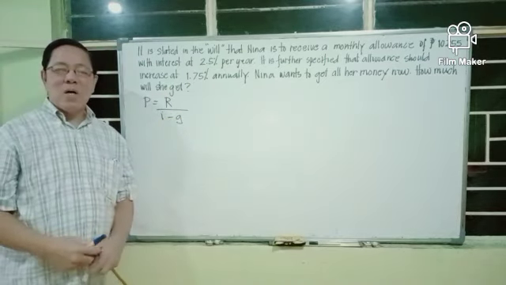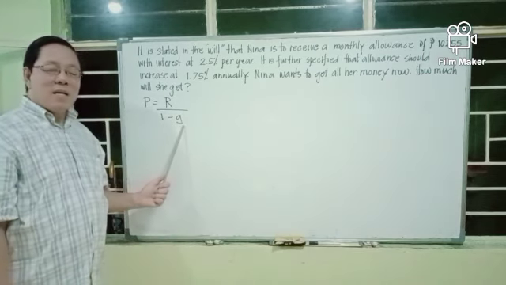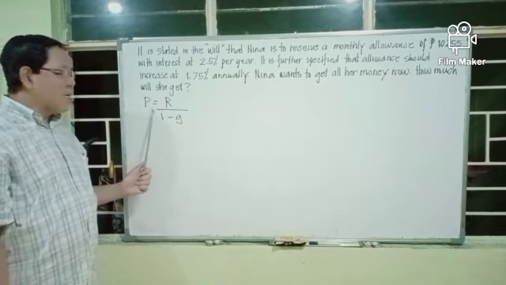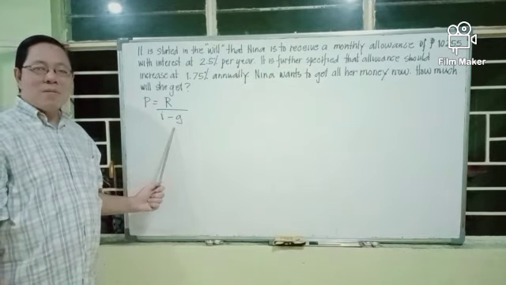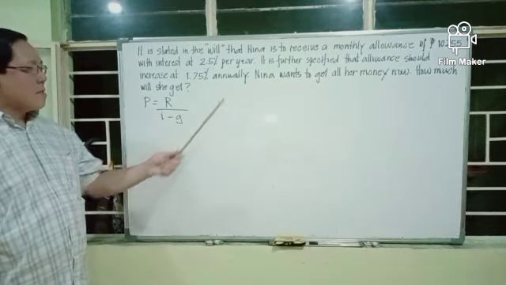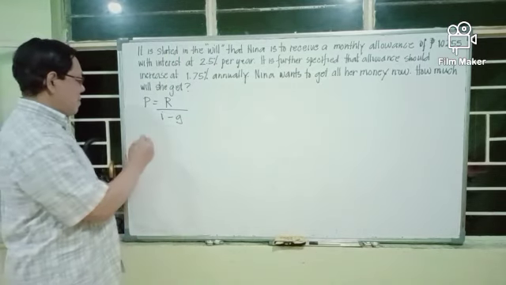The present value of a perpetuity with regular payment that is increasing at a constant growth rate of G is given by P equals R over I minus G, where R is 10,255 pesos annually.